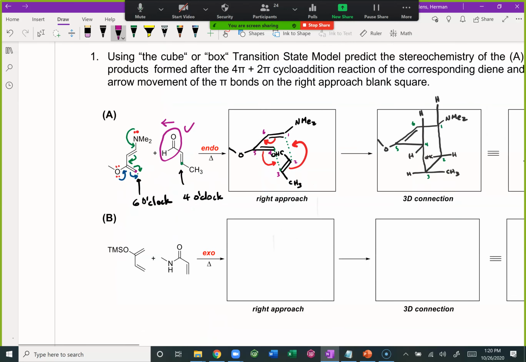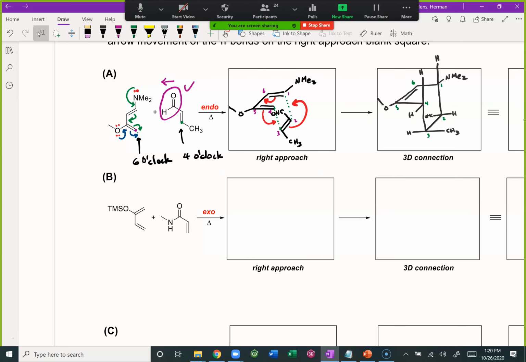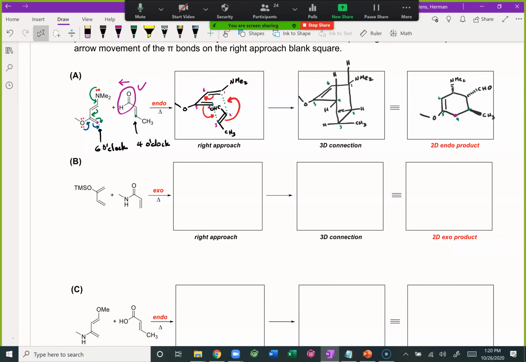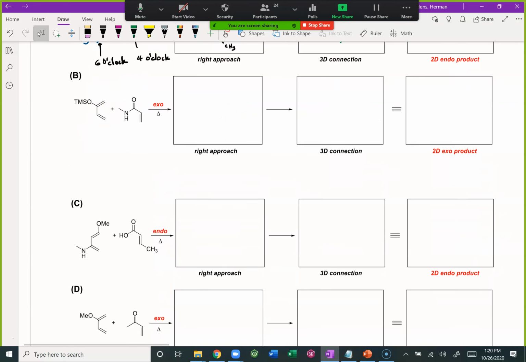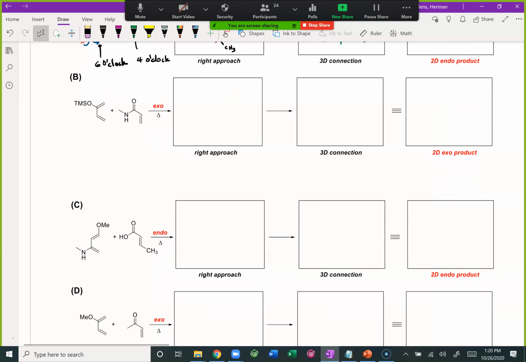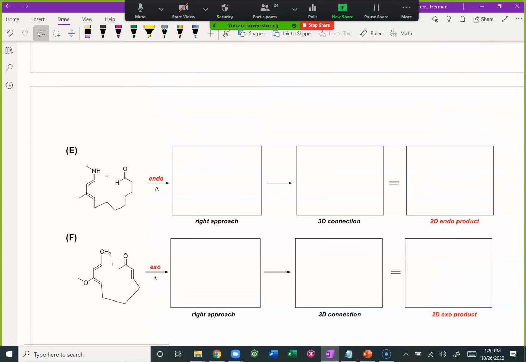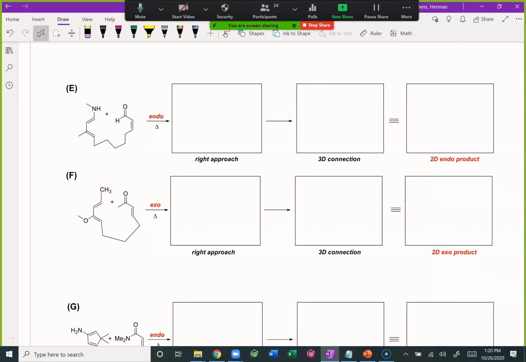All right. So the other thing I'm going to teach you is the exo approach. And let me tell you one more. What I'm going to do here today, we're going to try to cover all these 4 problems. These are intermolecular examples, and on Wednesday we'll do the intramolecular.